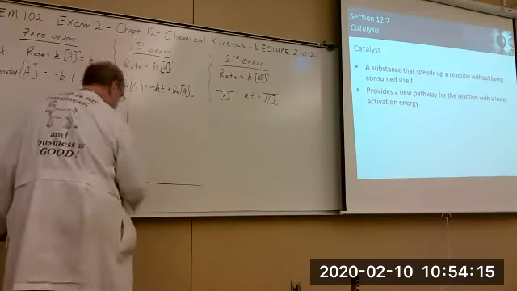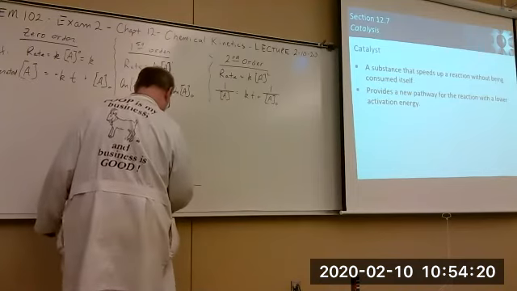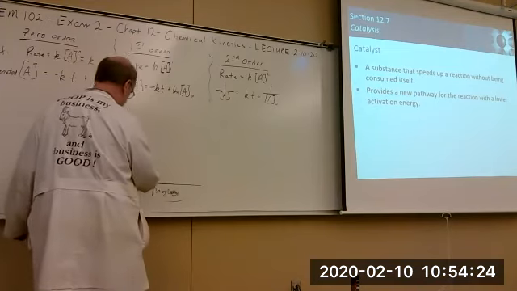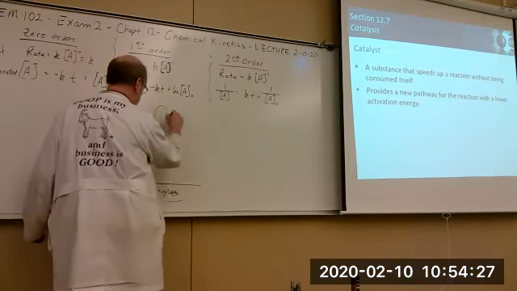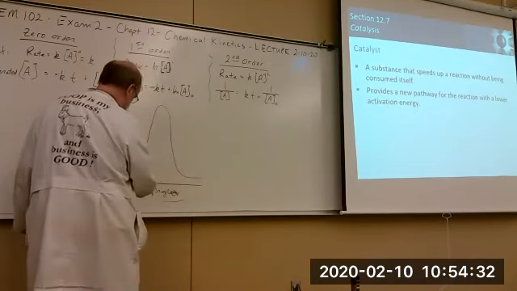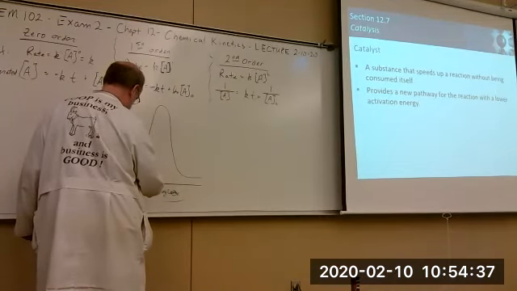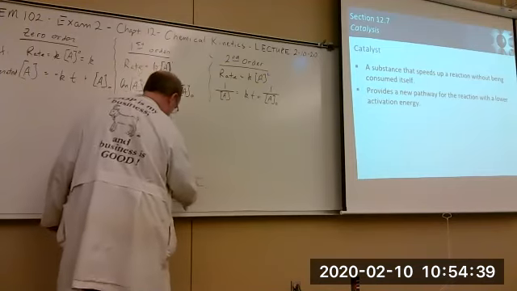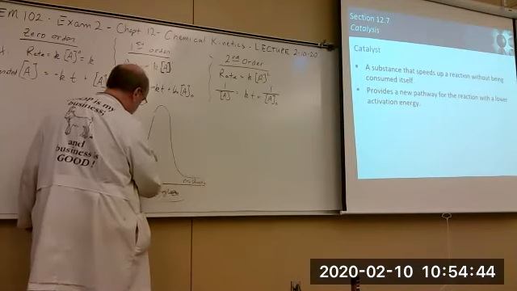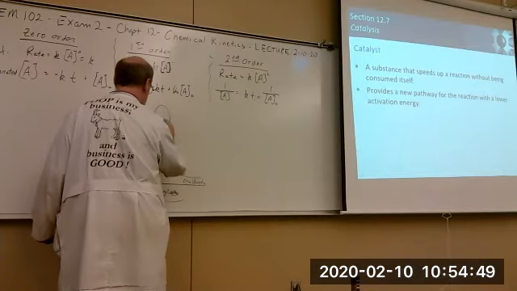So if we have this and progress here, again, progress, it's messy. Say we're just going to do this and this, like that. Then if we're starting out with reactants and going to products, without a catalyst, we have an activation energy of this nature.